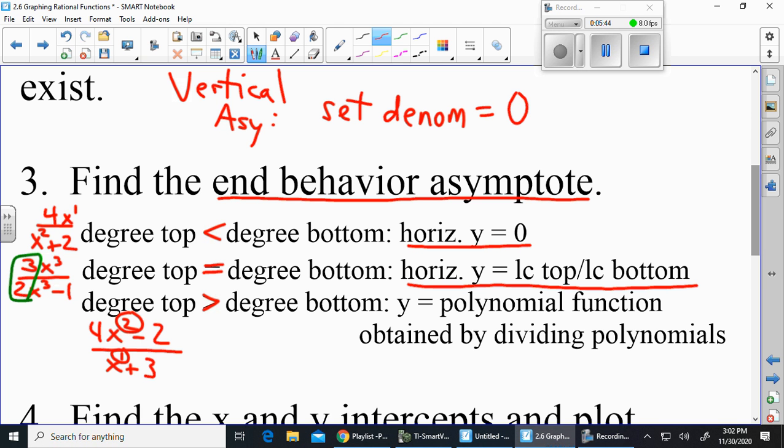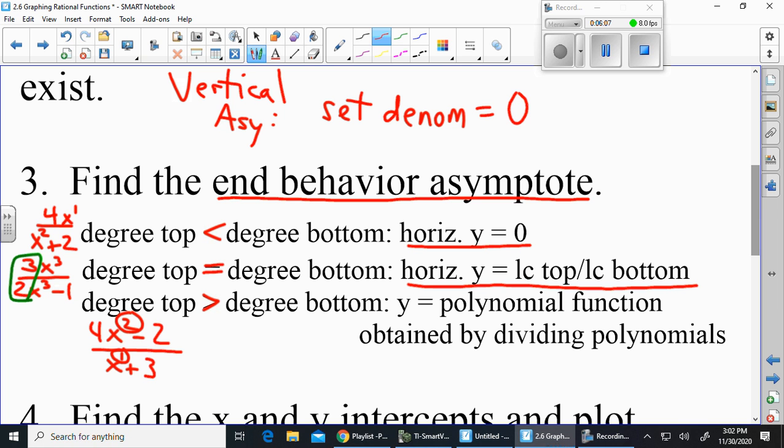You have y equals a polynomial function. It could be y equals mx plus b. It could be y equals x squared. It could be y equals x cubed, etc. It's found by dividing the top by the bottom.